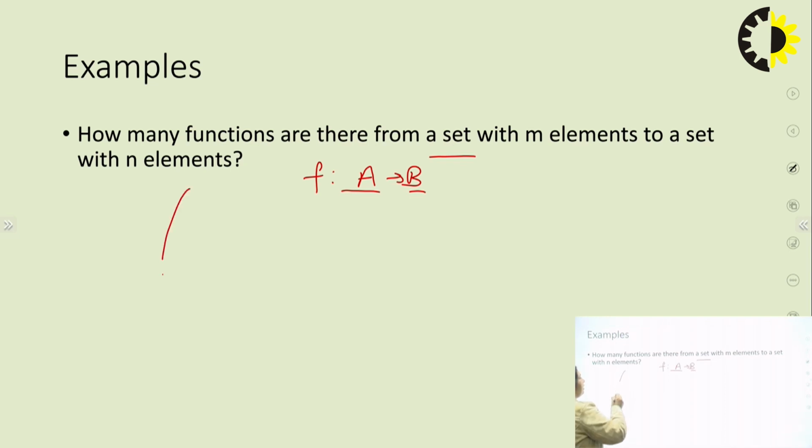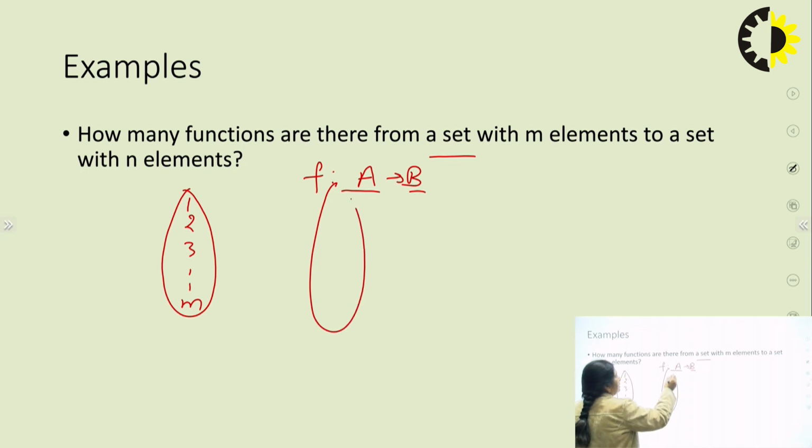In A I have m elements, that is 1, 2, 3 up to m. The image will be in B, and from B it can take an image. B has n elements, 1, 2, 3 up to n.